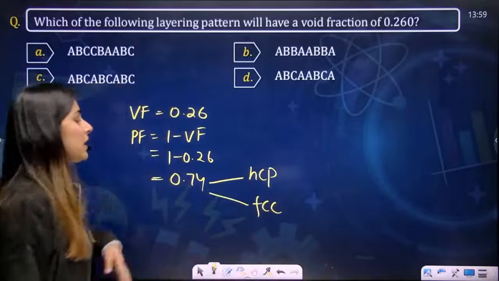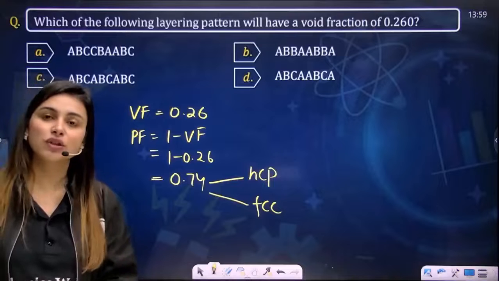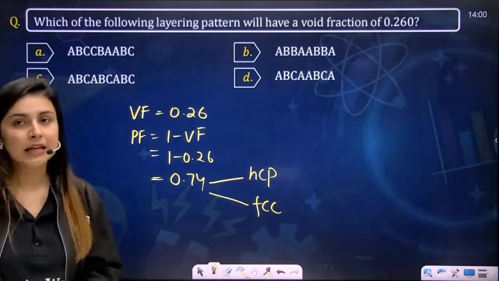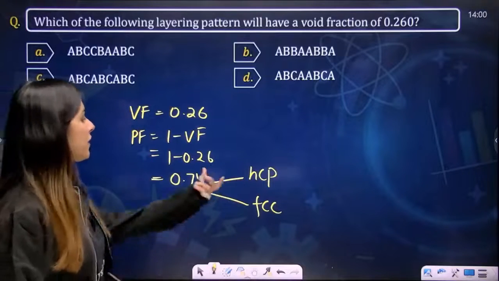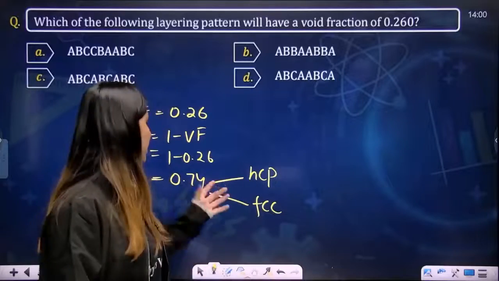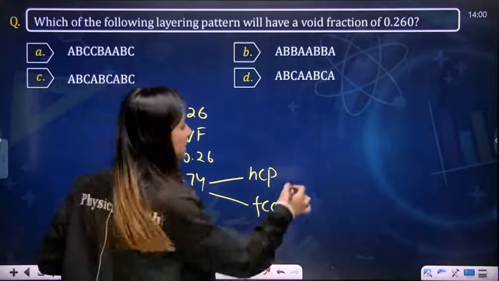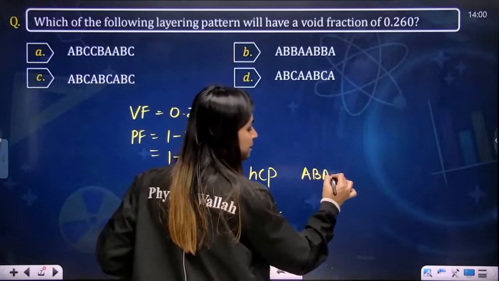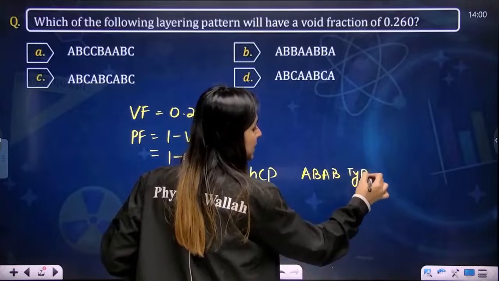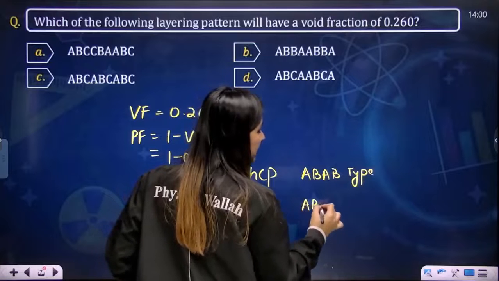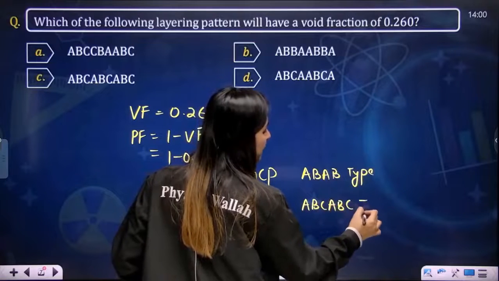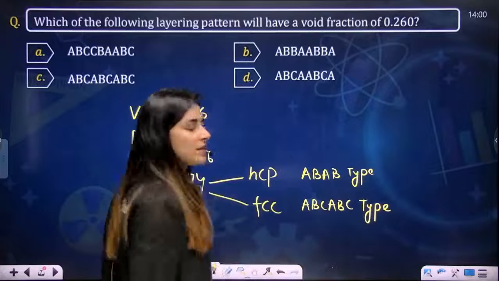These both have the packing fraction of 0.74. So it is a close packing. Either it is an AB-AB type of layering, because HCP is AB-AB type layering, or it is an ABC-ABC type of layering, because FCC is an ABC-ABC type of layering.